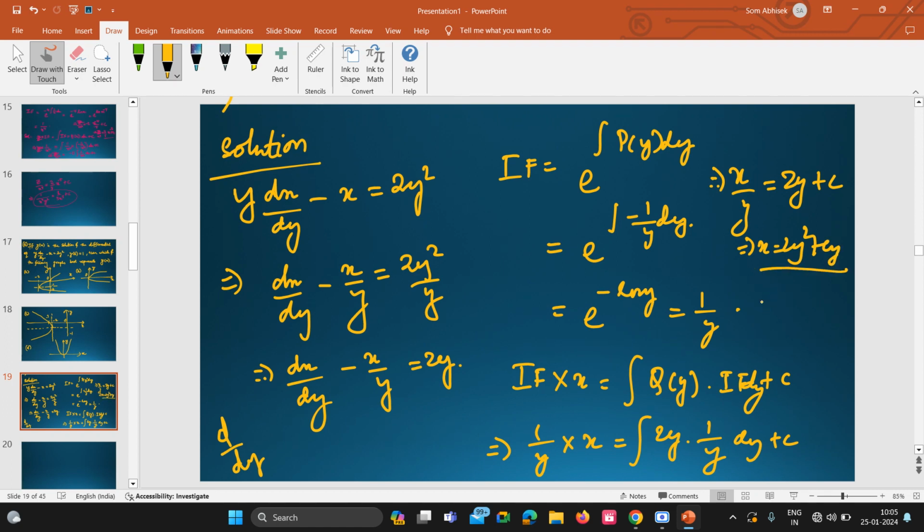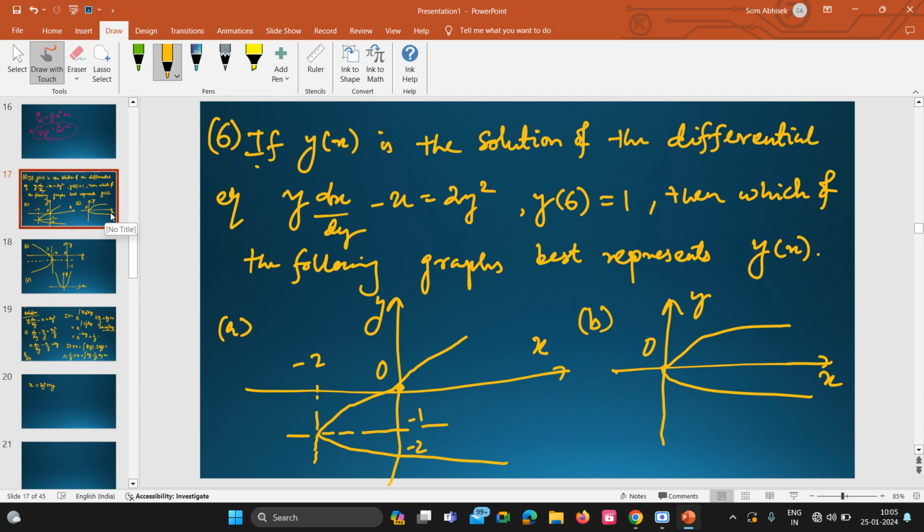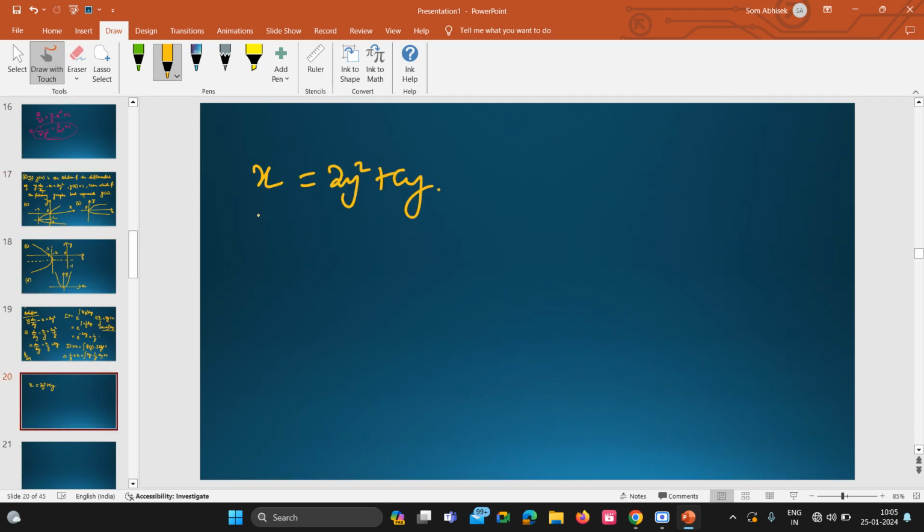Okay, we have solved this equation. So let's write it again. X is equal to 2y square plus cy. So now what is given in the question? y of 6 is equal to 1. So that means when x is equal to 6, y is equal to 1.